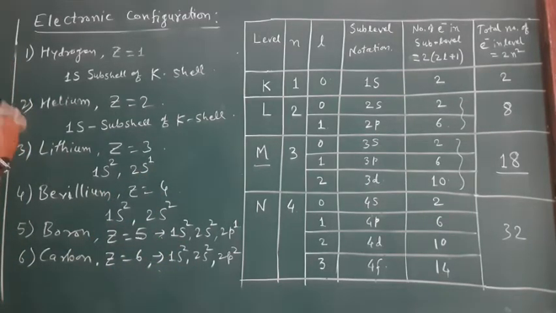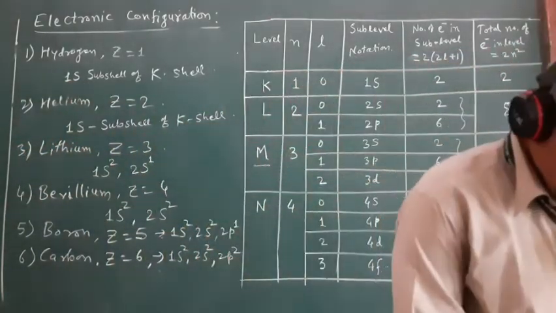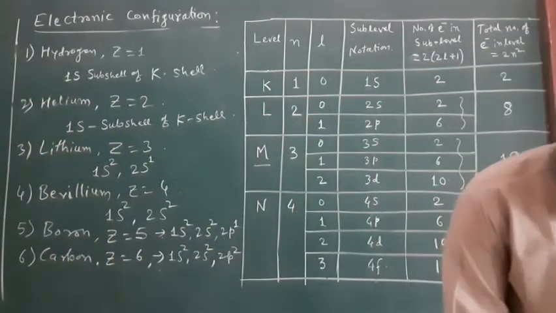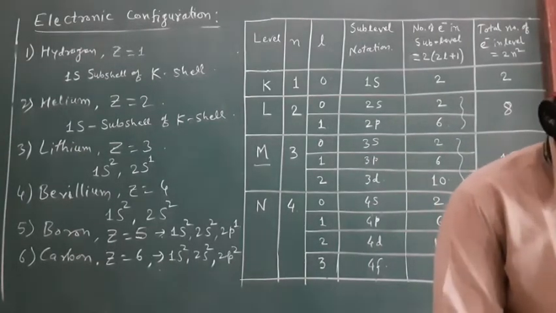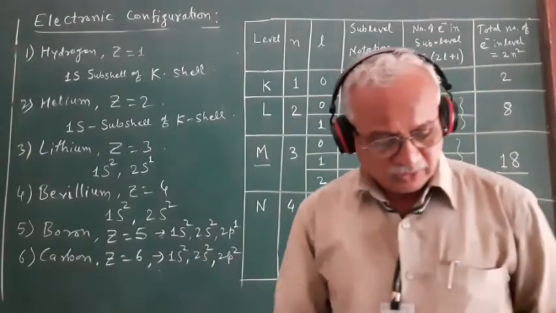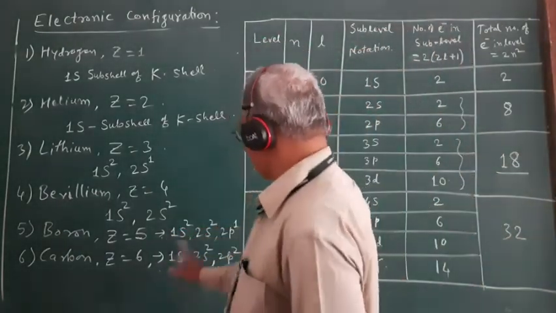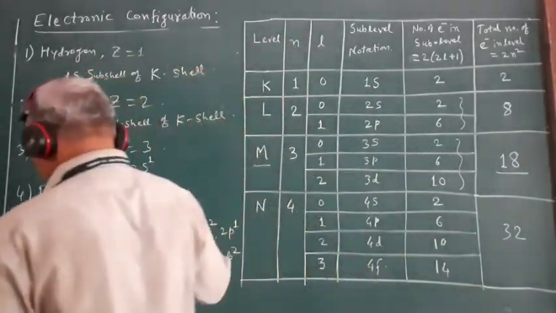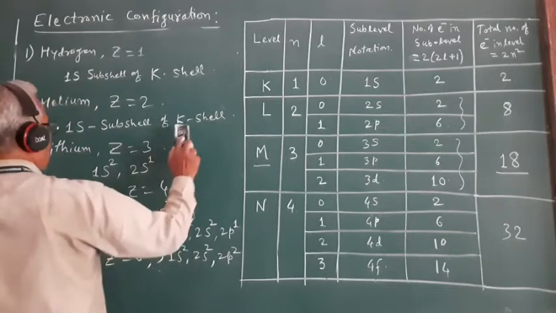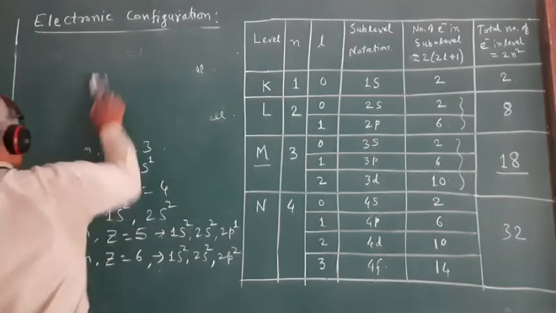While filling up these electrons in the different orbitals, we were discussing this table. With this electronic configuration, now we'll see how these levels will be filled for the different shells and subshells.